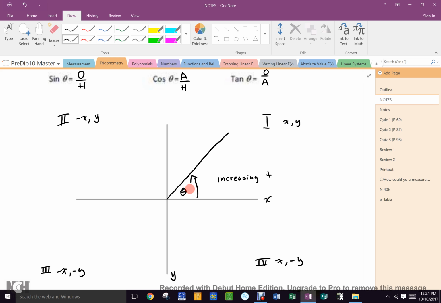If I go the other way, and I draw this line, then that theta would be what? A negative angle. Now this is where things start to get a little tricky. Triggy. They get a little triggy. Okay? Because how would I find this, do you think?